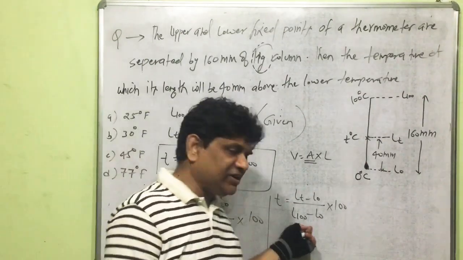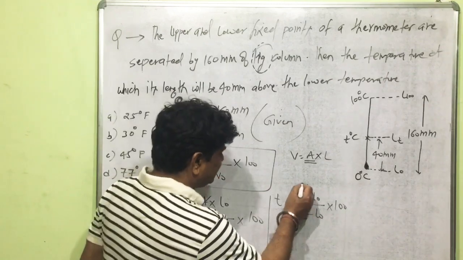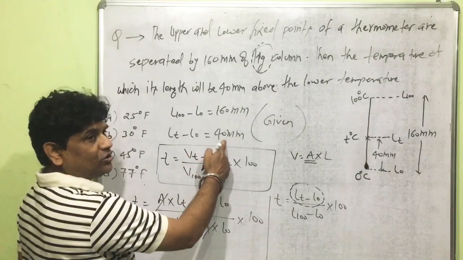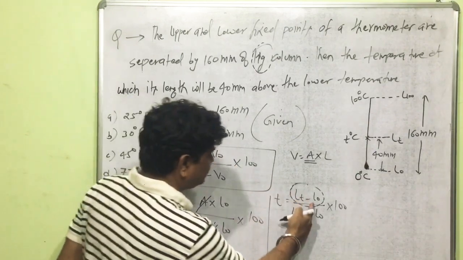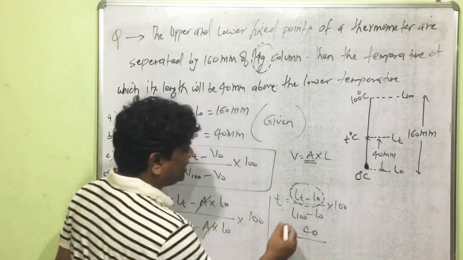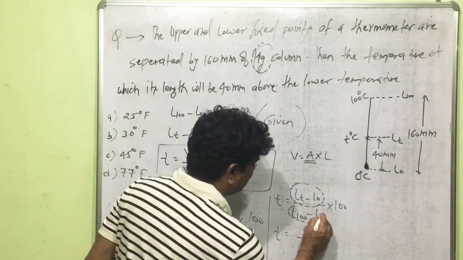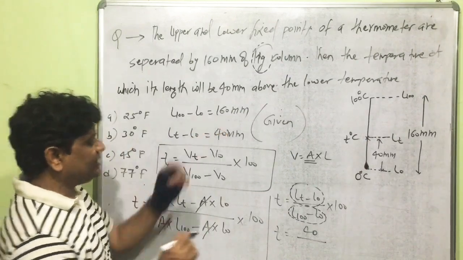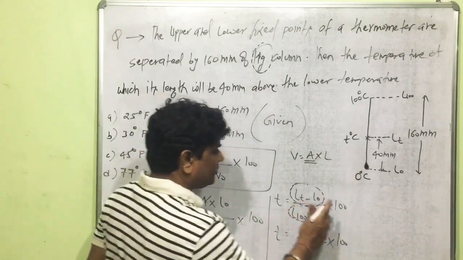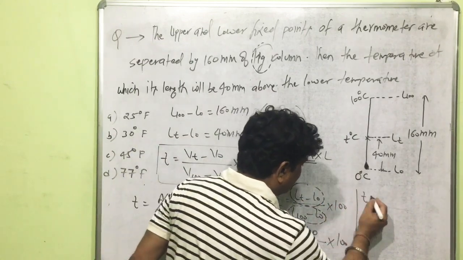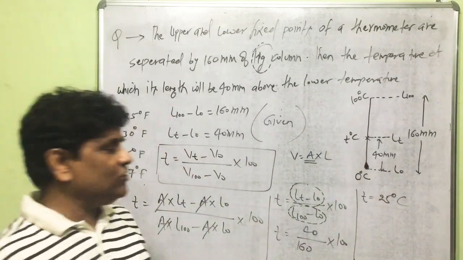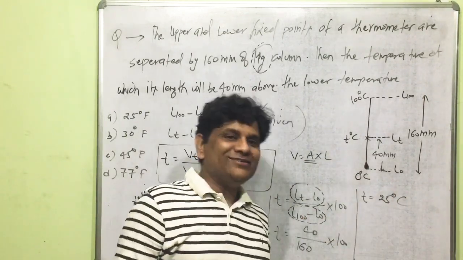Lt minus L naught is 40 millimeter, so T is equal to 40 divided by L100 minus L naught, which is also given as 160, into 100. After solving, T will come 25 degree Celsius. So the unknown temperature is 25 degree Celsius.